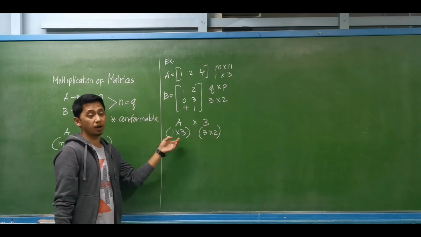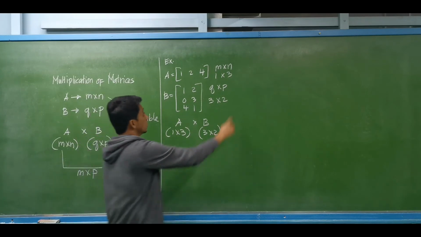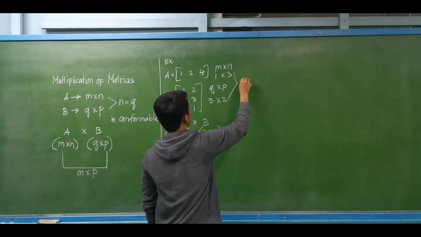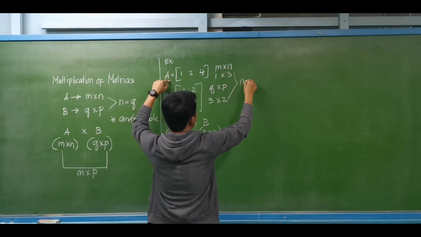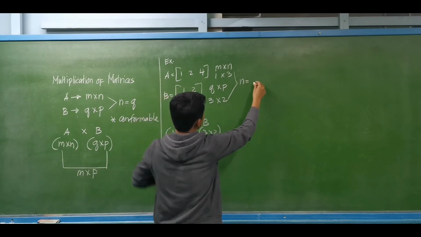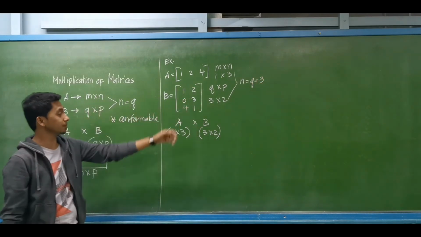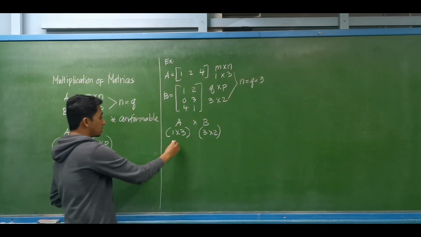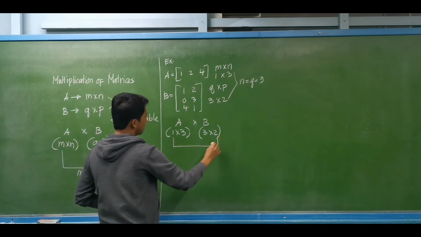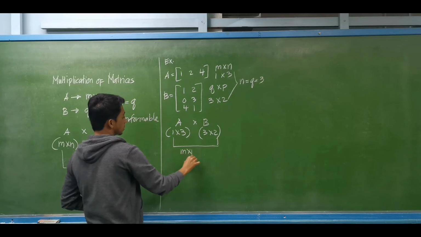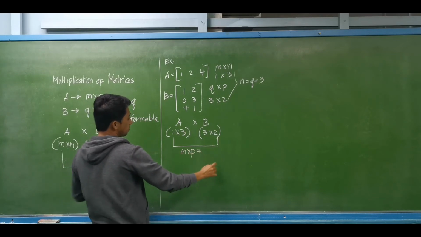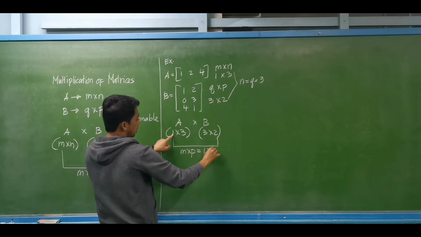So we can conclude that they are conformable since the number of columns of matrix A is equal to the number of rows of matrix B, equal to 3. So the resulting matrix should be m by P, that is the same as 1 by 2.